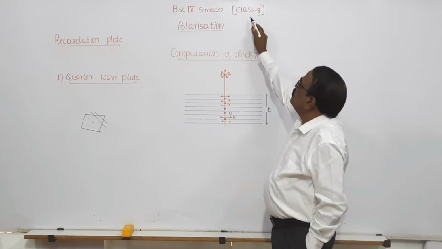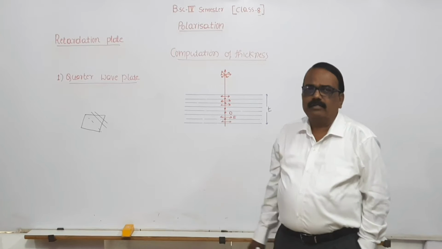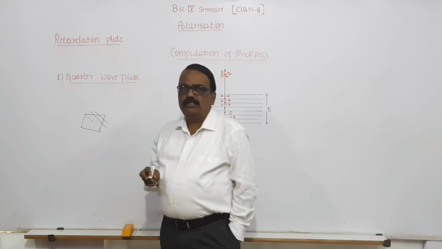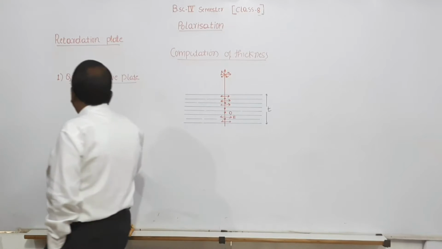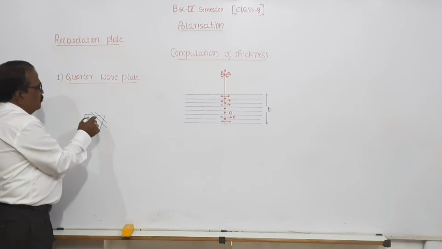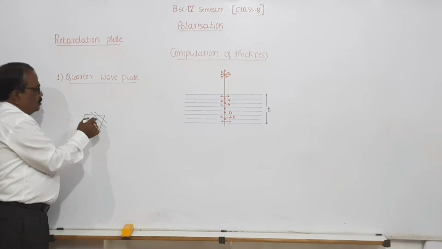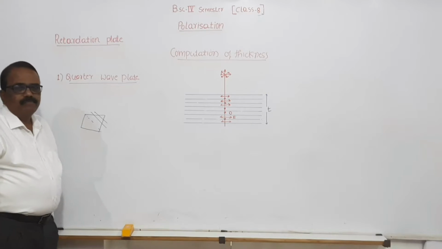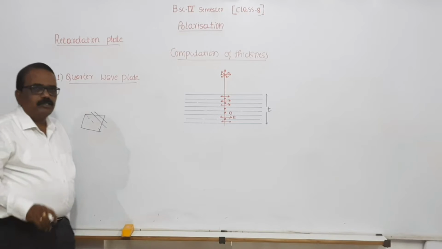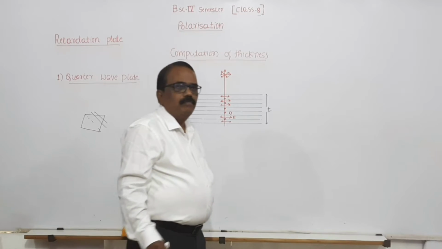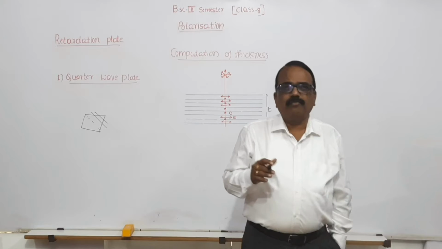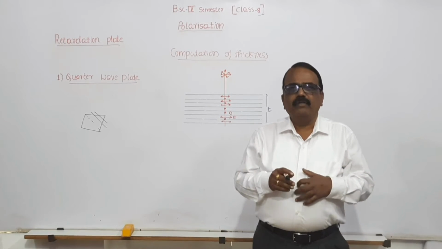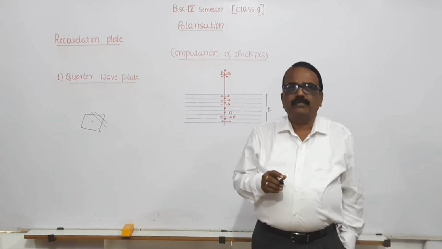Now in this 8th class of polarization, we have to study what is a retardation plate. A doubly refracting plate cut such that its refracting face is parallel to the optic axis, and the thickness of the plate is such that it produces a certain path difference or phase difference between the ordinary ray and the extraordinary ray, is called a retardation plate.